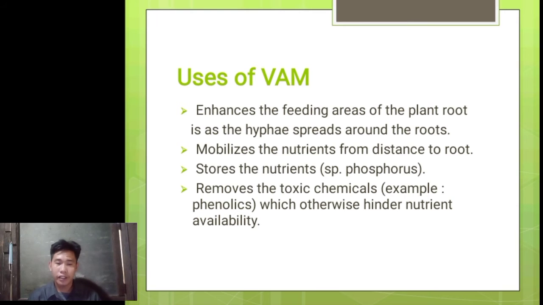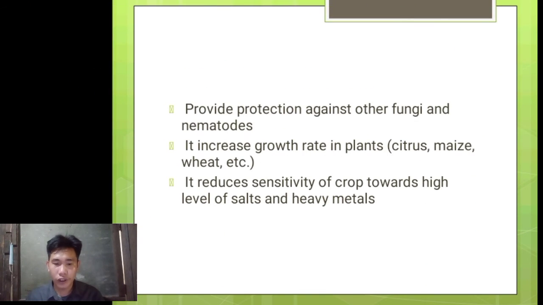Use of VAM: it enhances the feeding area of the plant roots. The hyphae spread around the roots, mobilize the nutrients from a distance to the root, store the nutrients, such as phosphorus, remove toxic chemicals, for example phenolics, which otherwise hinder nutrient availability, and provide protection against other fungi and nematodes.